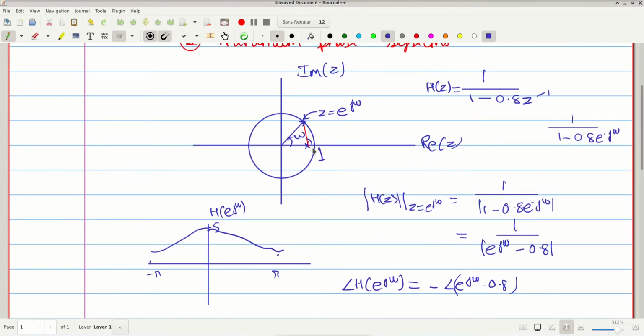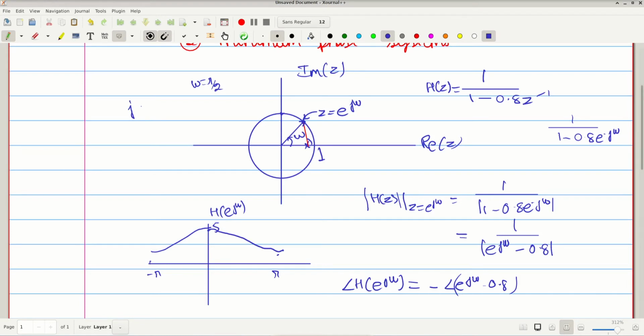When omega is 0, this angle is 0. That makes sense. When omega is pi, what happens to this angle? Even then this angle becomes 0. In between, it traces all possible negative values. So, for example, let's do it at this particular location, where omega is equal to pi by 2, which means this point is j.